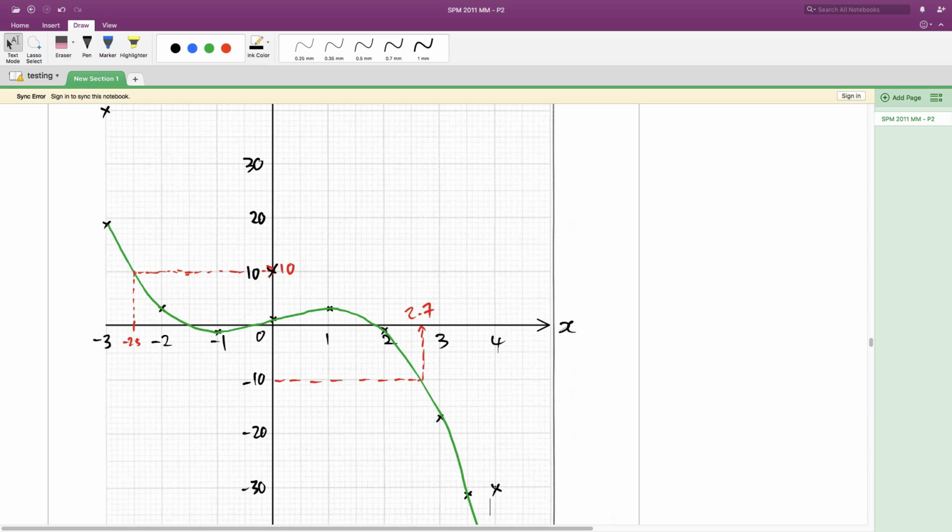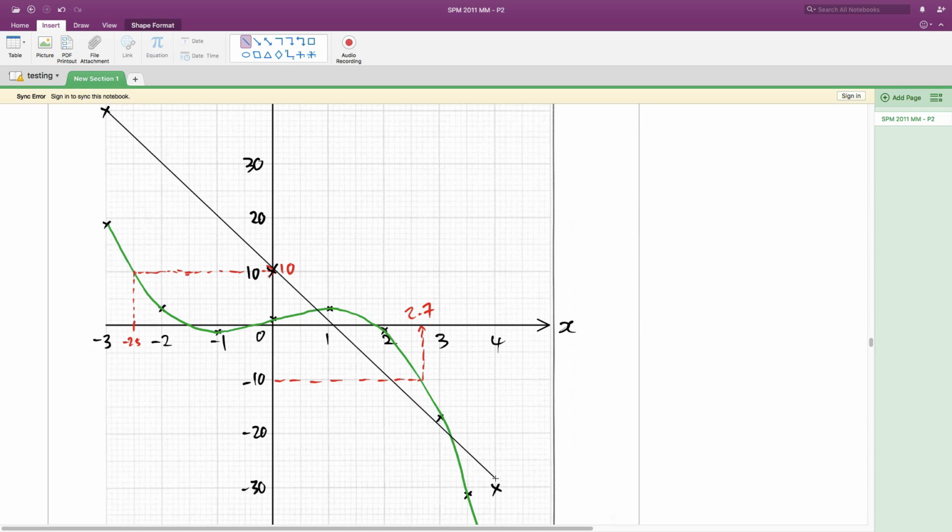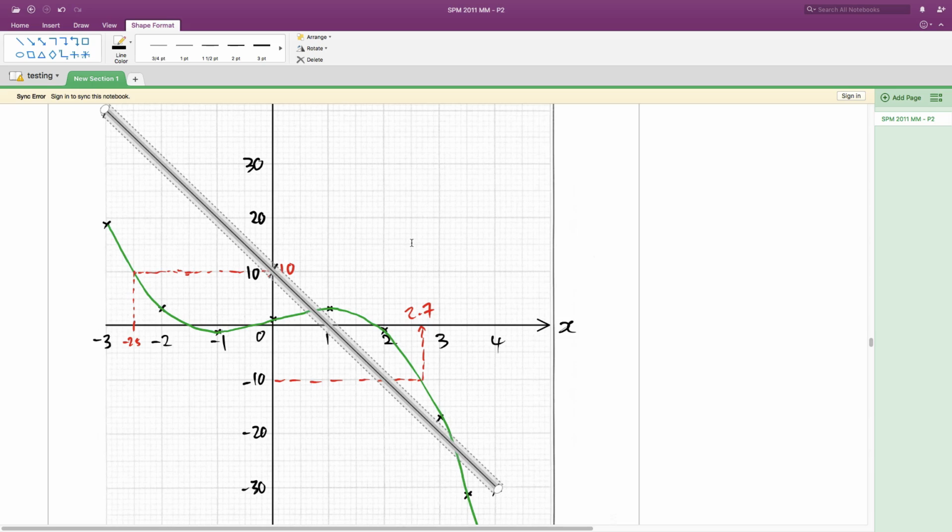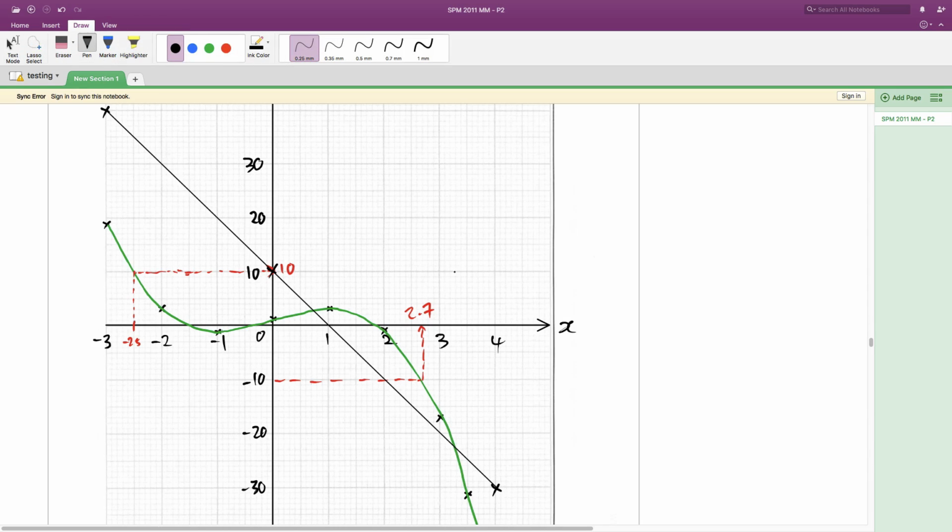Yeah, I have these 3 coordinates, then I will actually connect them. But in order to connect them, I think I will need a ruler. Okay, yes, this is what I get.